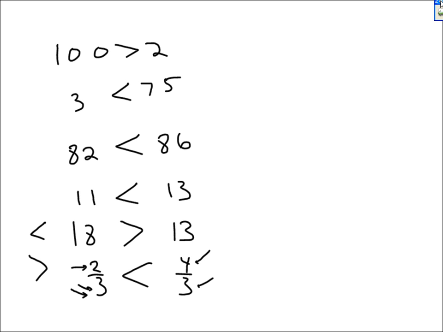It goes to the smaller number. 8, 1/3. 1/3 isn't even 1 yet. It's less than 1. 8 is more than 1. Oh, 1/3 is smaller. Put the arrowhead towards the smaller number.